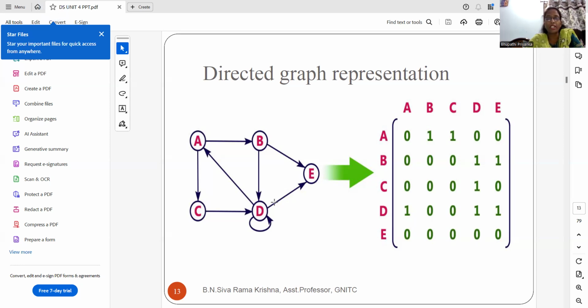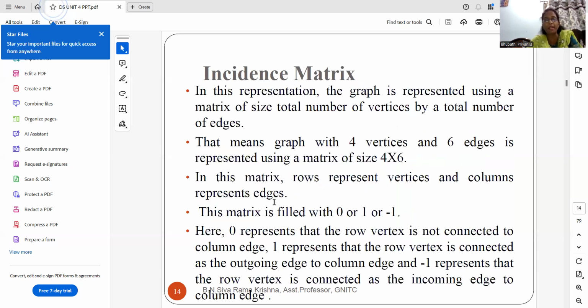First one, we have seen undirected graph to adjacency matrix representation. Second one is directed graph, where we are mentioning the directions and representing them in an adjacency matrix. Now, incidence matrix. The incidence matrix is represented by a matrix of the total number of vertices by the total number of edges.